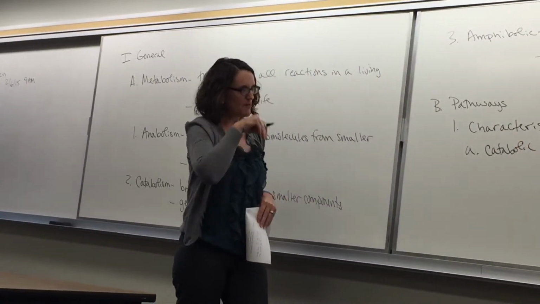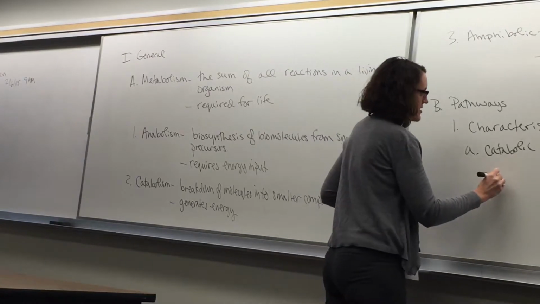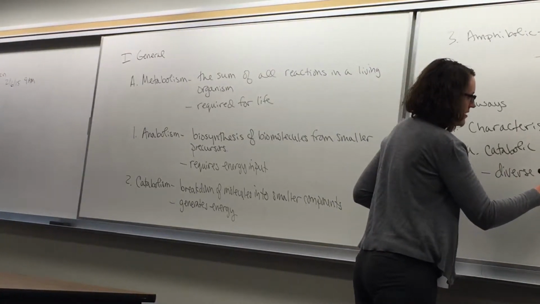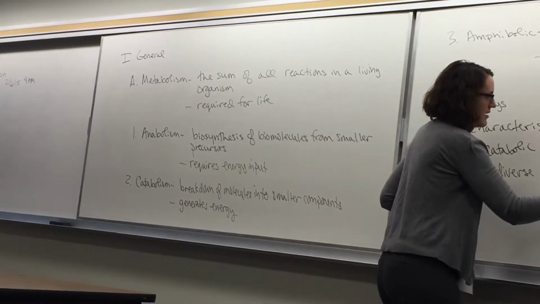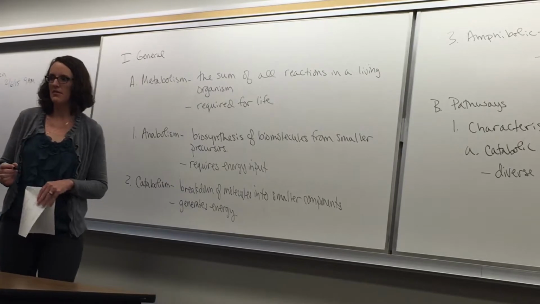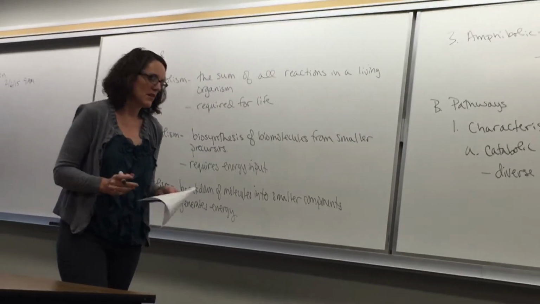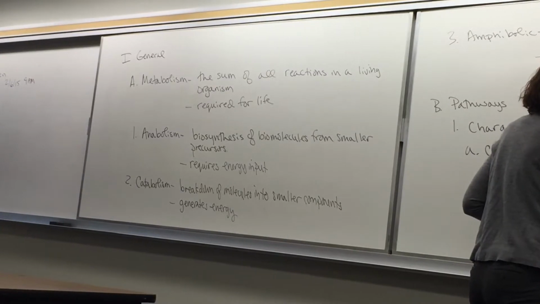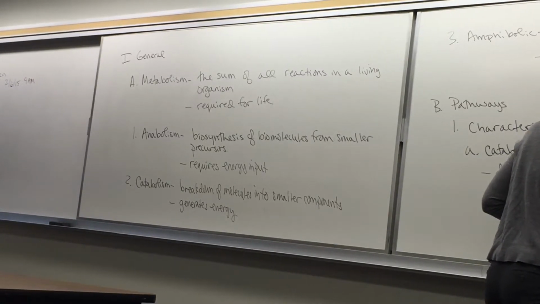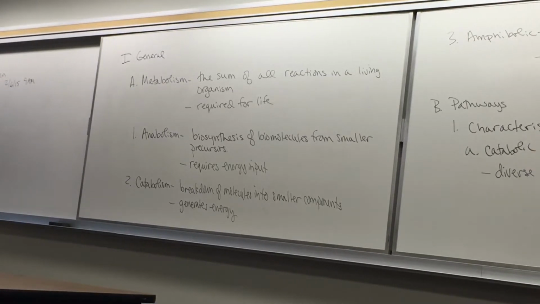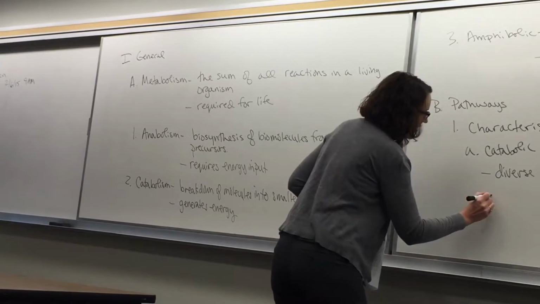So characteristics of the catabolic pathways: what we tend to get is diverse molecules into the pathways. Things that are diverse are going to come in, but we have very few common intermediates, so there's not a lot of overlap.